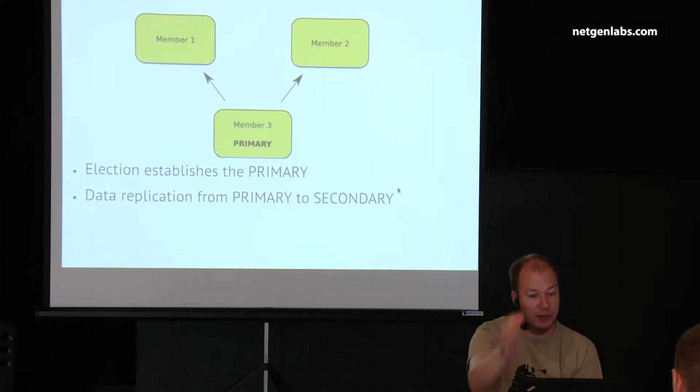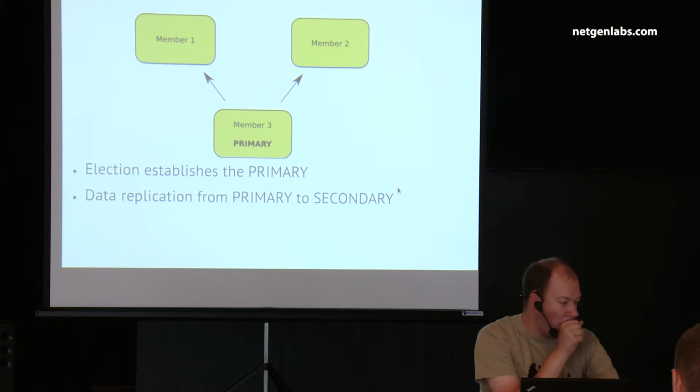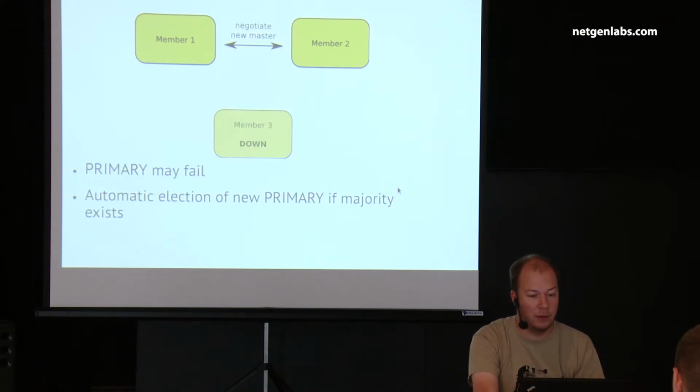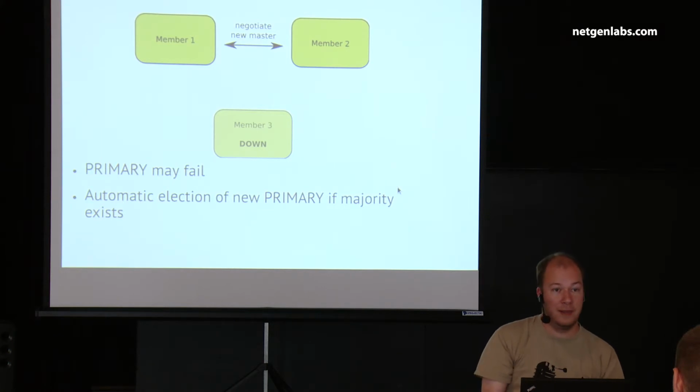All right, so this is replication, all happening. Everything works, and then the network daemon comes along and kills your node off, or a hard drive fails. Happens as well. And then we have no primary node anymore. It goes down. That means the other two will negotiate a new master.